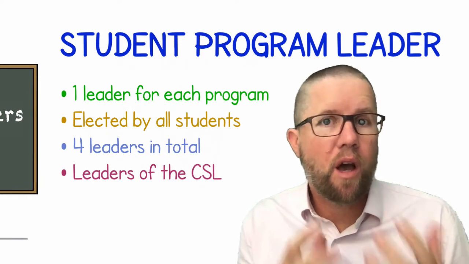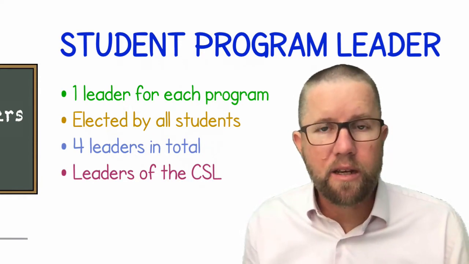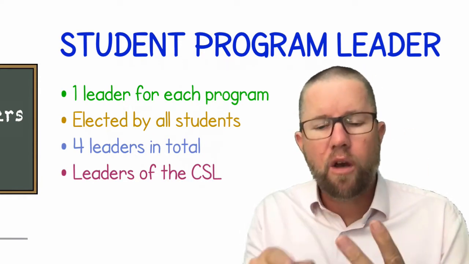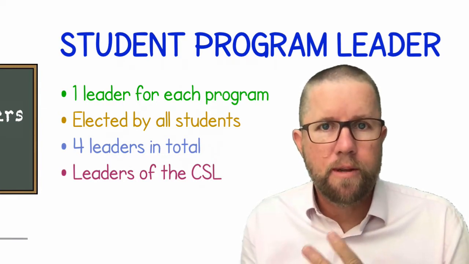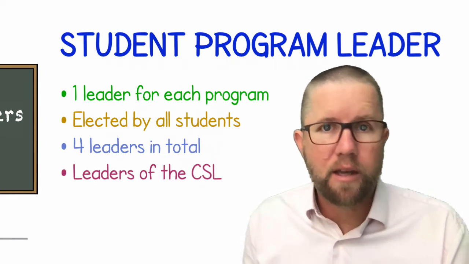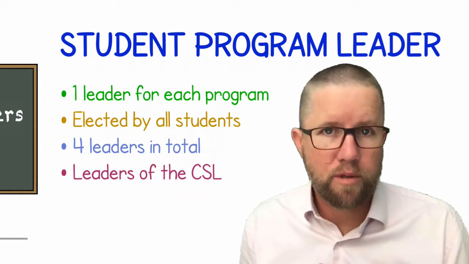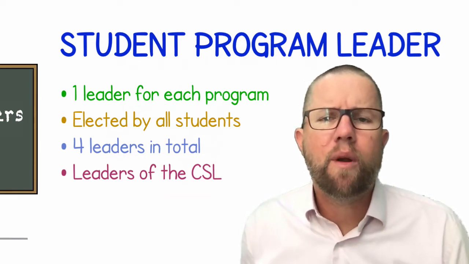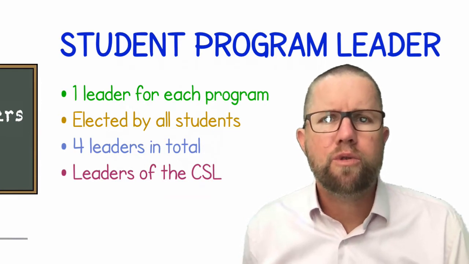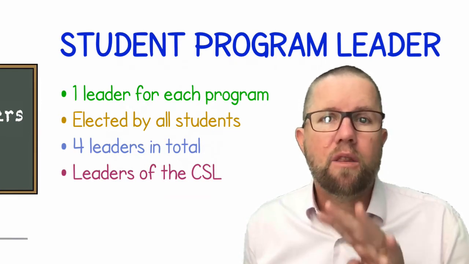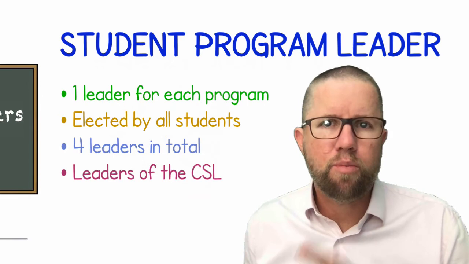So if you are in IB and you're in grade 10, you vote for a leader of all 4 programs. If you're in grade 11 French Bac, you vote for one leader in all 4 programs. That way we have a very representative vote across the whole student body, electing the 4 leaders of each program.